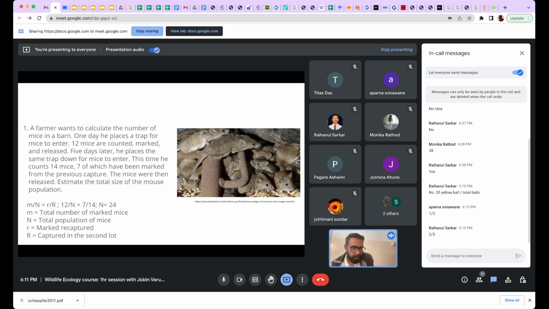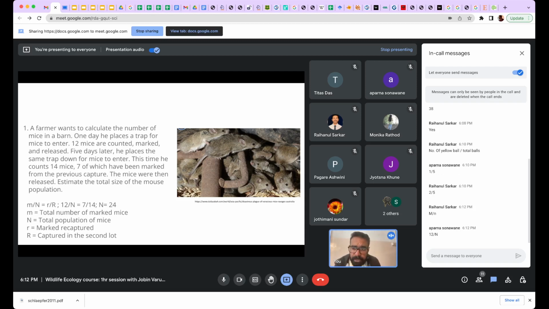There are 2 yellow balls in a total set of 5 balls, so the probability of picking a yellow ball is 2 by 5. So there are M marked mice in N number of mice. What is the probability that we pick one? Yes, perfect. So it's M by N.